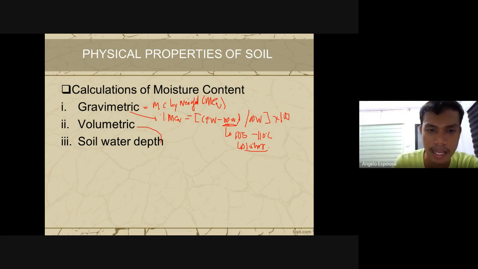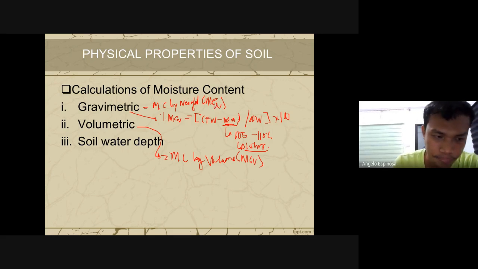Pag volume naman, ito yung pinag-uusapan na moisture content by volume. The volume of water per unit of bulk volume includes soil solids plus the pore space of the soil. So the conversion from moisture content by weight to moisture content by volume uses the bulk density of the soil.